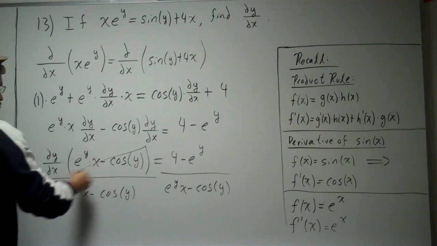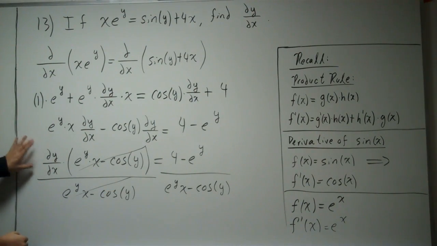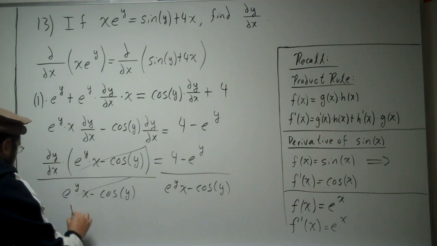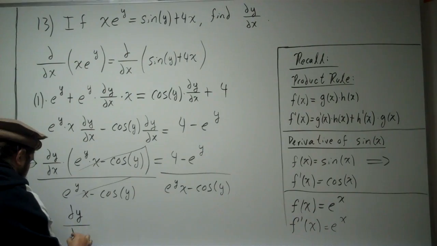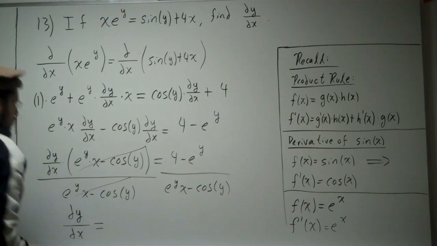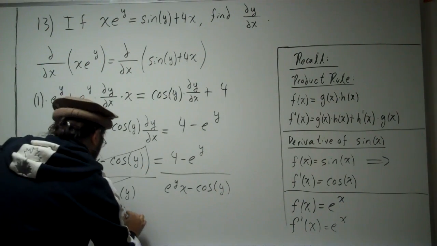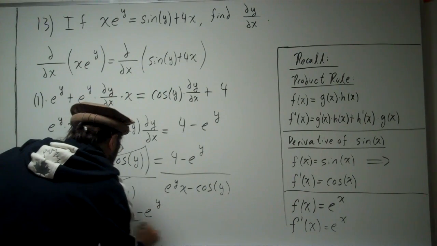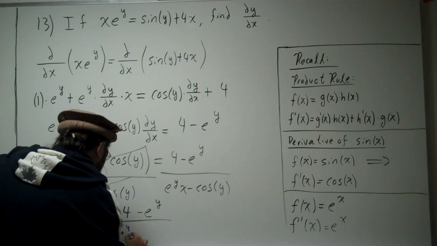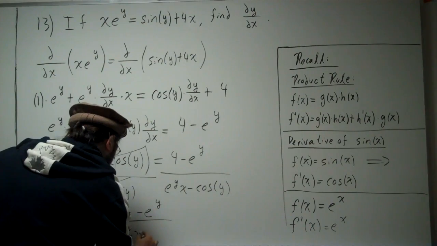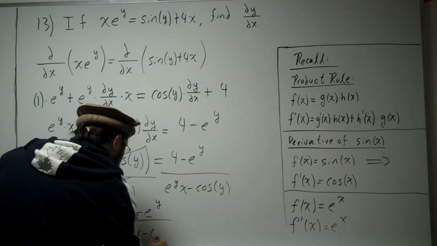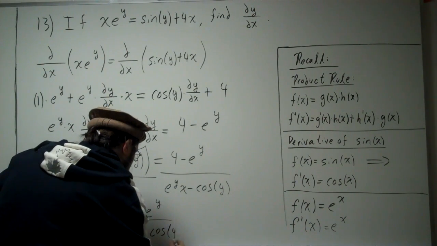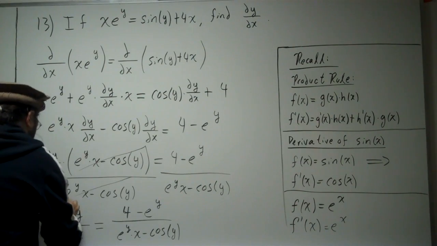This cancels out, and I'm just left on this side with dy/dx. So dy/dx is equal to this. Just rewrite that, and we're done. And that is your answer.